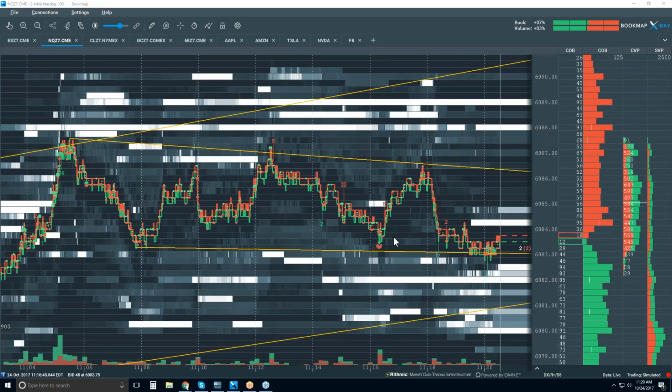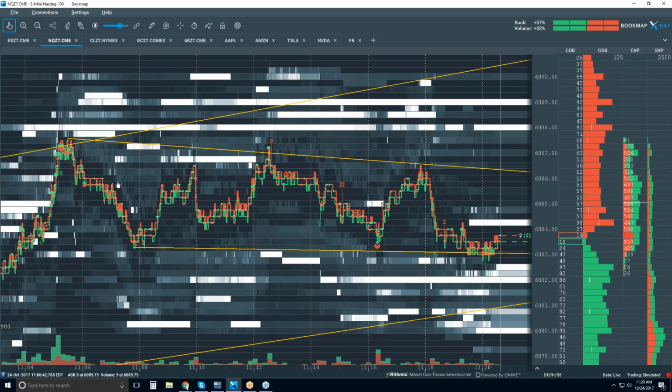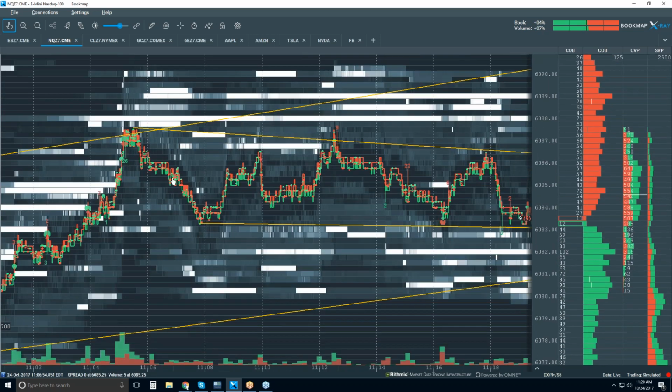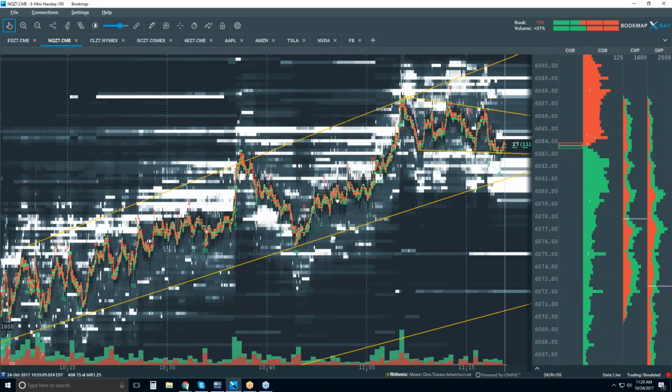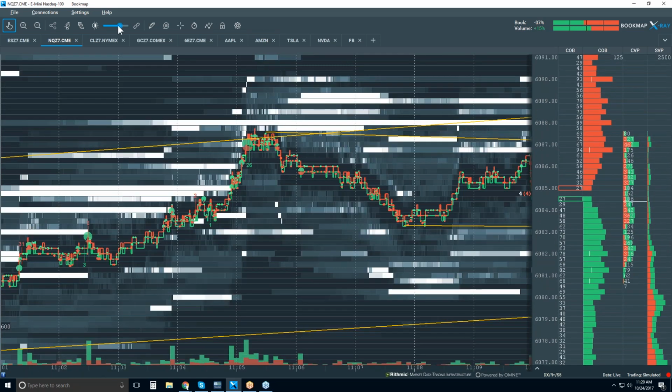Some other things pretty interesting that I noticed over here. If I zoom into this area here, now where was it? Was it there? And we can start to see some algorithmic activity take place here.